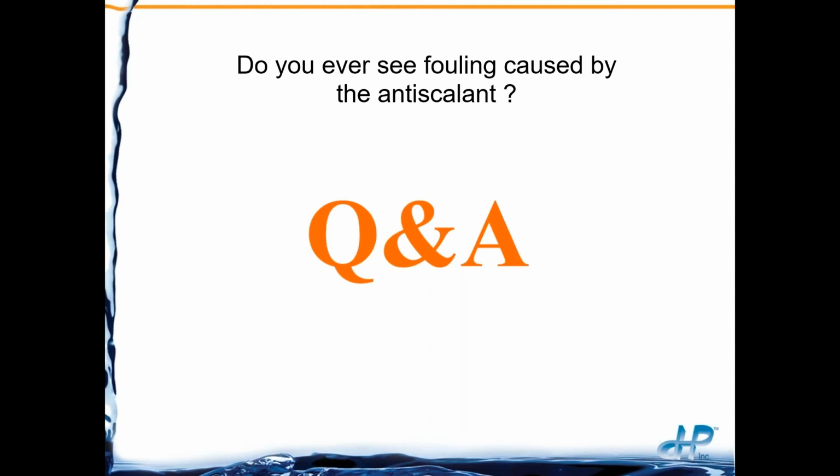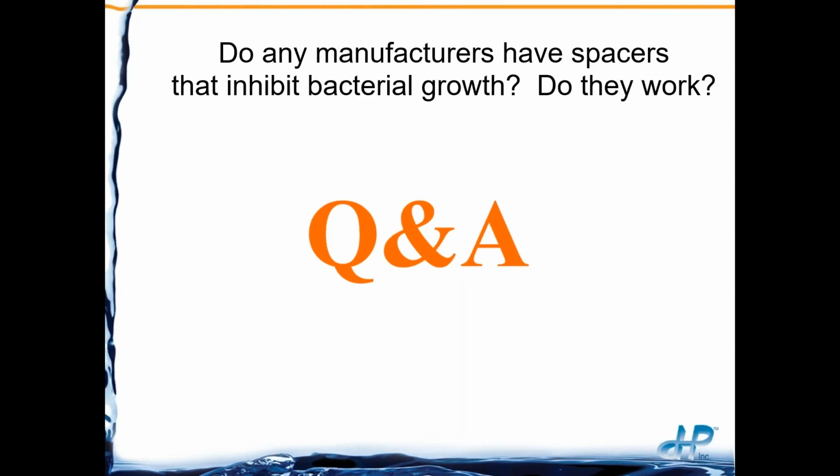Not all cationic polymers and antiscalants will interact, but we have seen a couple times where they attract to each other, form a snotty mess, and lay out on the membrane itself. So it's a cationic polymer and scale inhibitor interaction that is actually plugging up the membrane in that case. But the antiscalant itself, we rarely see actually plugging up membranes.